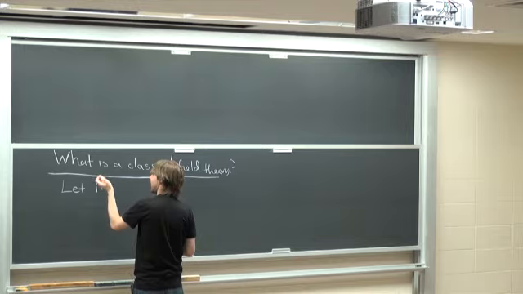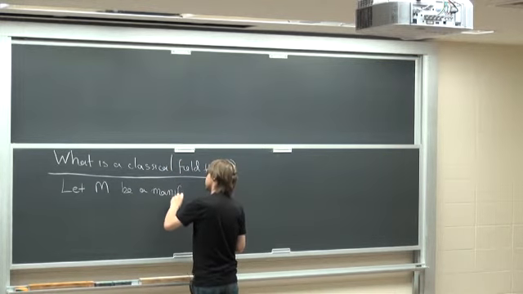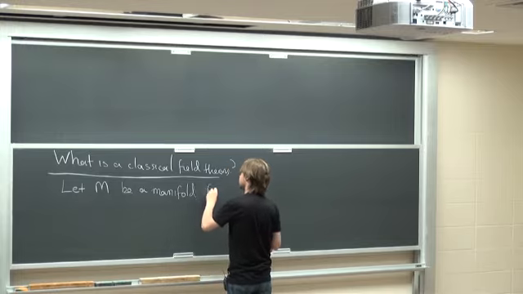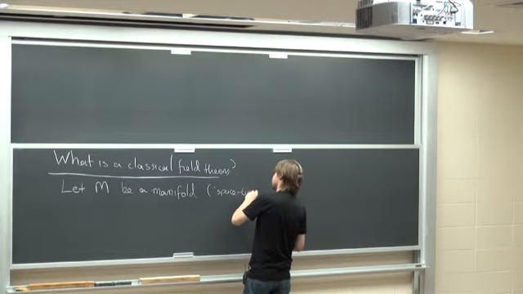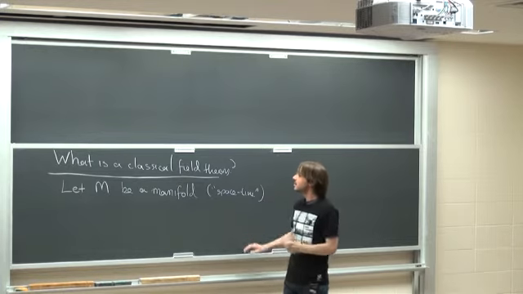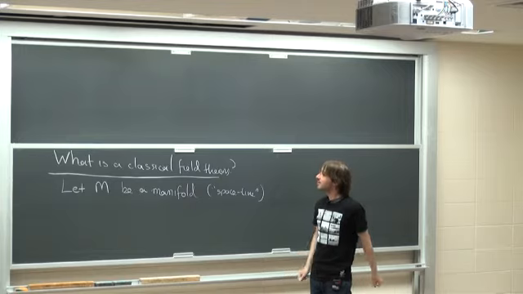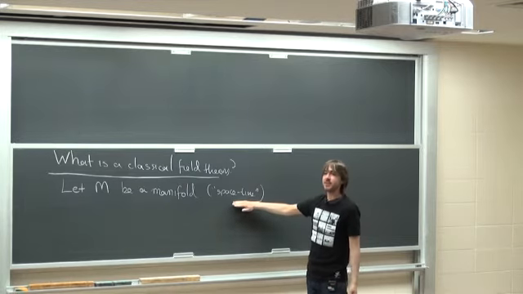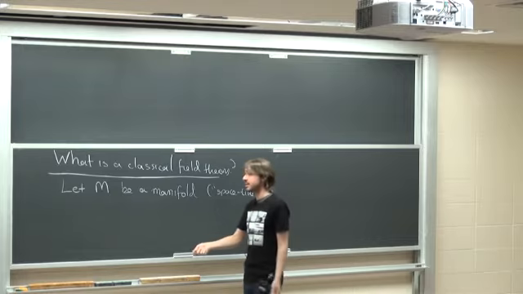Suppose we have M as a manifold. So first I want to give you a very fancy definition of what a classical field theory should be, but this definition is a bit hard to make precise, at least for me.